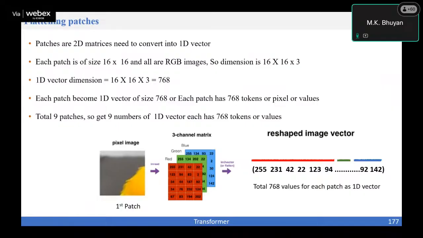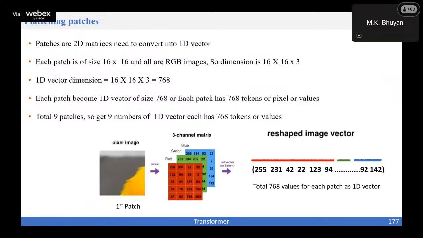Corresponding to these 768 values, that is the pixel values, we can consider the reshaped vector. So the 768 values correspond to one patch, that is a 1D vector.